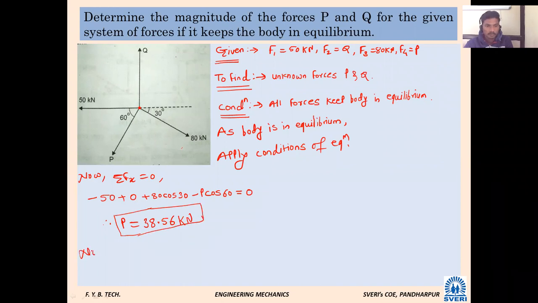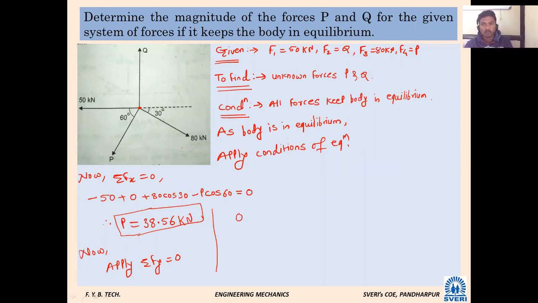Now apply summation Fy equal to 0. For force F1, 50 kilonewton, what will be its Y component? 0.